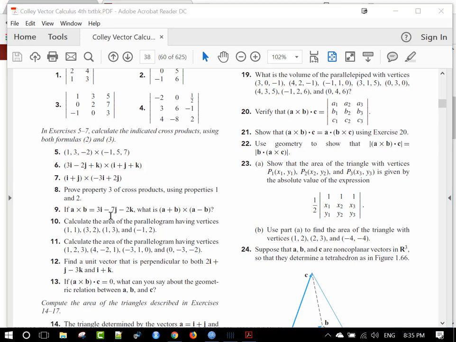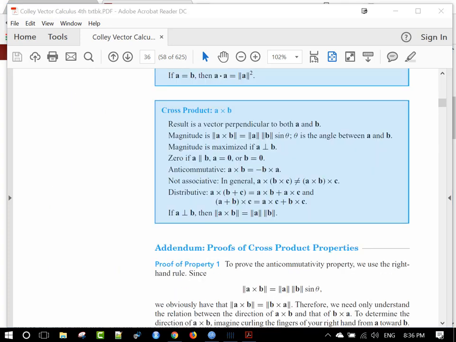So either C is the 0 vector, or A cross B is 0, in which case what? Here A cross B has the sine in it. So in order for A cross B to be 0, either A or B is 0, hopefully that's one possibility, or the sine of the angle between them is 0, which means that they are perpendicular. No, sorry, which means that they are parallel.